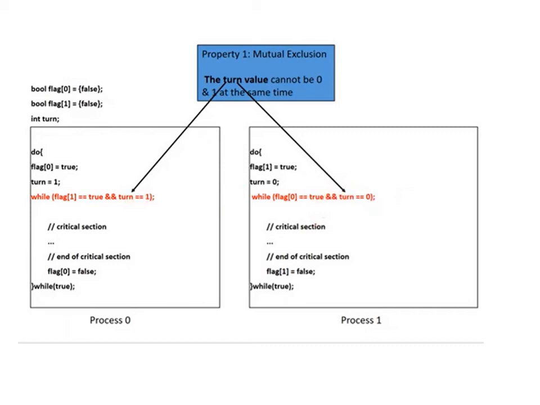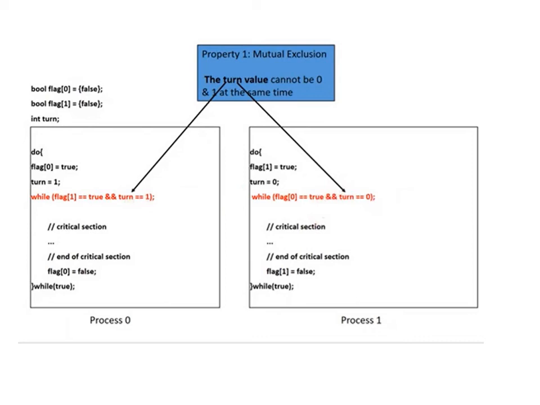Next, the second requirement is progress. Let us assume the critical section is free and processes P0 and P1 are interested in entering the critical section. Then the decision about which process should enter the critical section must be taken within a finite amount of time.